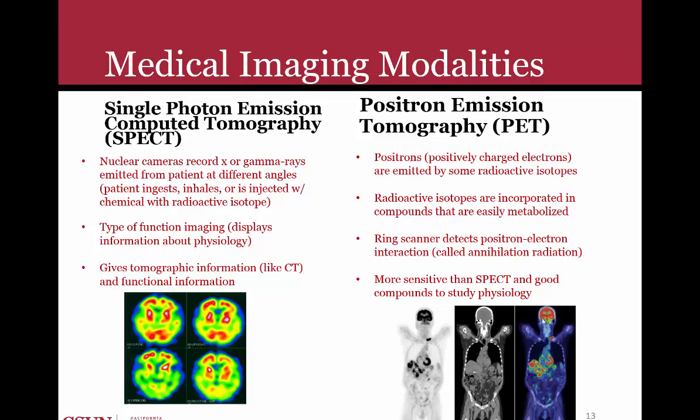In this case, you can see that the red in the brain has to do with the amount of isotopes that you're measuring in that location. So there's a large concentration of isotopes in the brain and other parts of the body, because that's where blood flow is the highest, which means that there's more metabolism going on there.